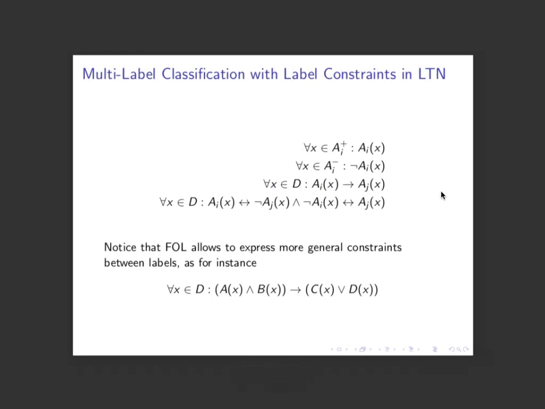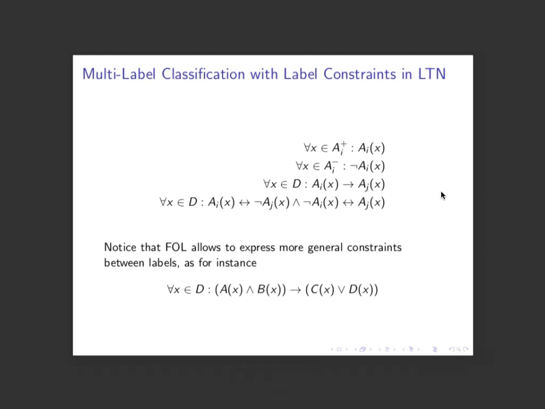So in LTN, again, we would describe these things symbolically. A_i of x implies A_j of x, for instance, or maybe the last rule there with an if and only if, where that's just double implication. You can represent that as two implications, like we've seen with the fuzzy logic interpretation.